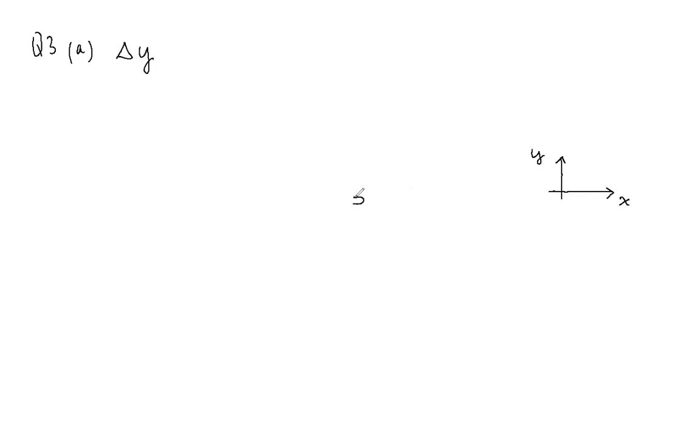If we consider the bullet, there's the bullet, and it's going right, and it hits the target over here. If it had just kept going straight, it would have gone along this dotted line here.